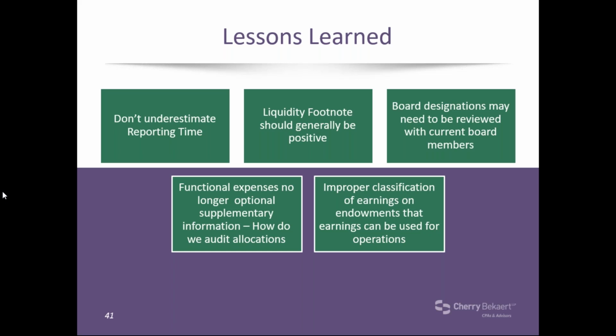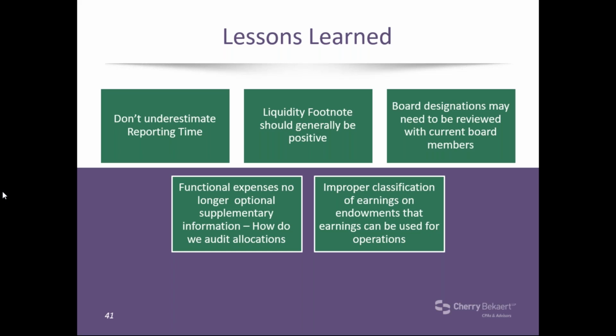Another area we're seeing some things is in the endowment area. For example, if you have had permanently restricted endowments in the past, then you're used to doing your endowment footnote. We've seen differences in how that is handled. The endowment footnotes sometimes would be pure endowments, and sometimes endowments plus other perpetual gifts.